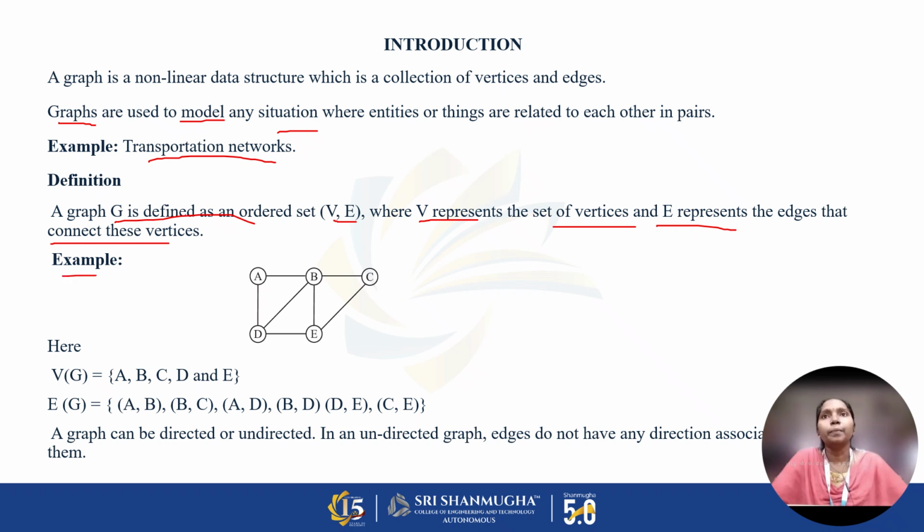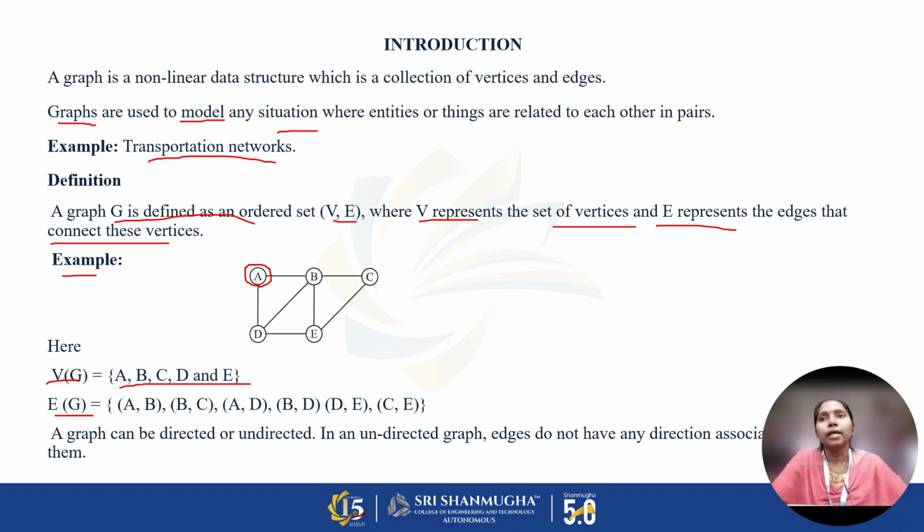Here is an example. We are using this graph. The nodes are A, B, C, D and E. The set of edges is represented as E and the set of vertices is represented as V. That means V of G is A, B, C, D, E, and these are all the vertices.